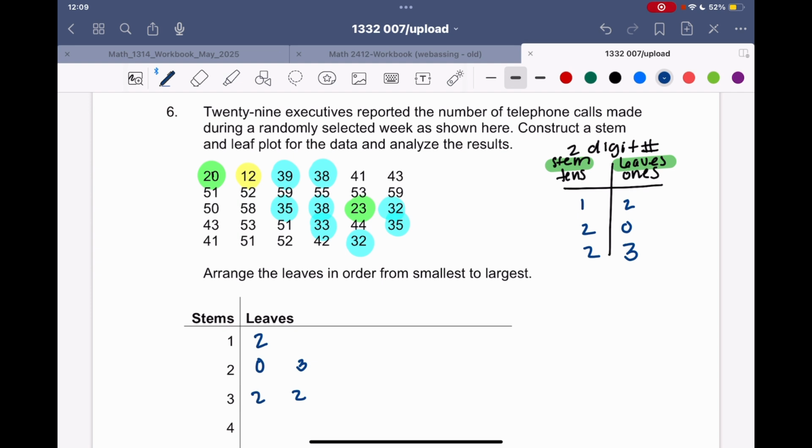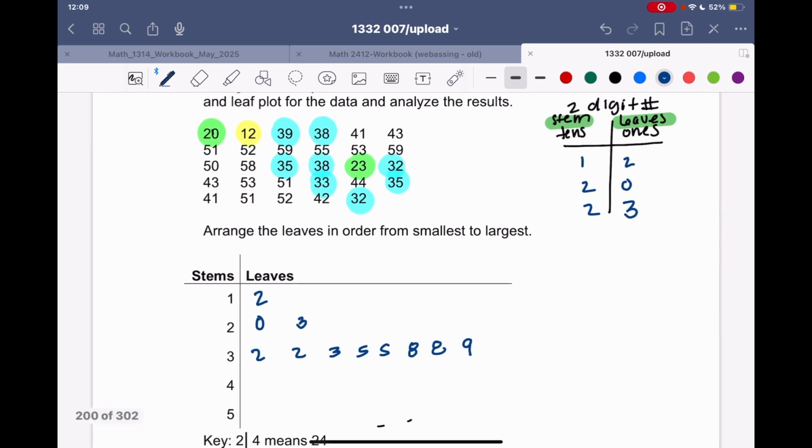I have a 33, I have 2 35s, and I have 2 38s, and I have a 39. Now we're looking for the 40s. I have 41, 43, 43, 44, 41, 42.